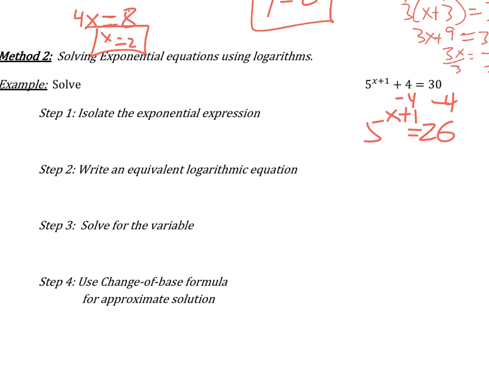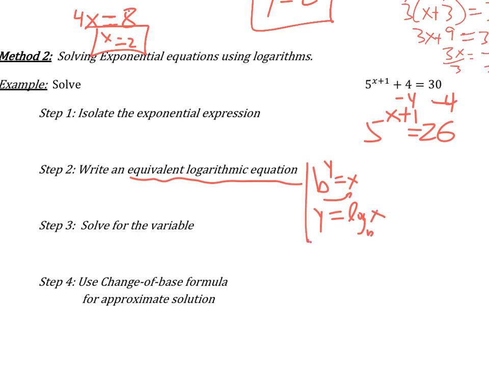Okay, now there's lots of ways to think about this, but we're going to try to avoid properties. If you go look online, you'll find a bunch of videos with different properties, but this is the most simple way to go for now here. So now we're going to change this to an equivalent logarithmic equation. Remember, if we have b to the y equal to x, then we can swing that base around, and this means that y is equal to log base b of x.